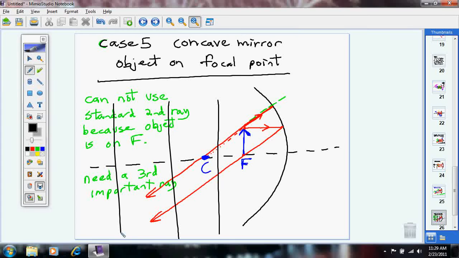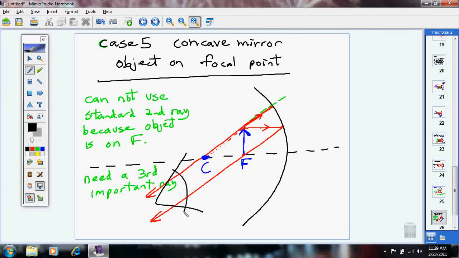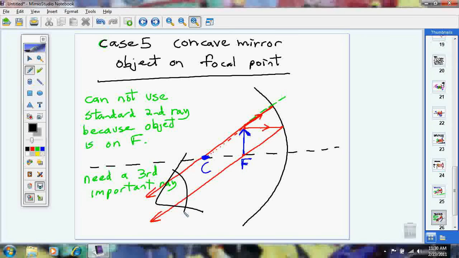And you never get an image. So basically, the parallel rays do not form any image. It's not real, it's not virtual. If I put my eye in this light and I look back, no image. Because the parallel light rays would go back this way forever and ever parallel. So there's just no image formed.